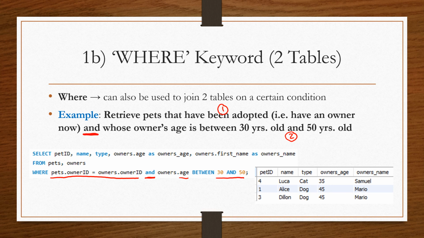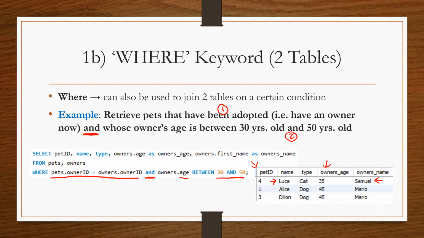So the tuples that we see here are only those pets that have an owner. As you can see, each pet has an owner whose age is between 30 and 50. This is how we use the where keyword for joining 2 tables.